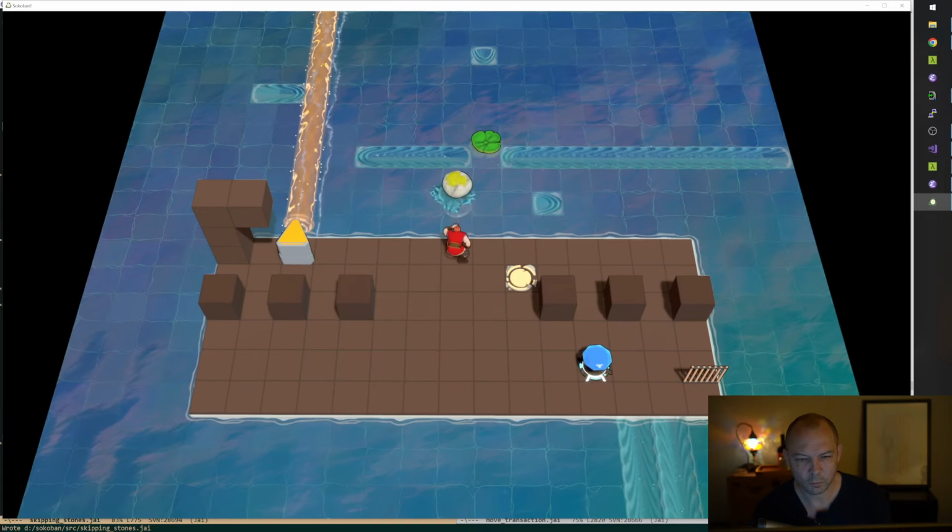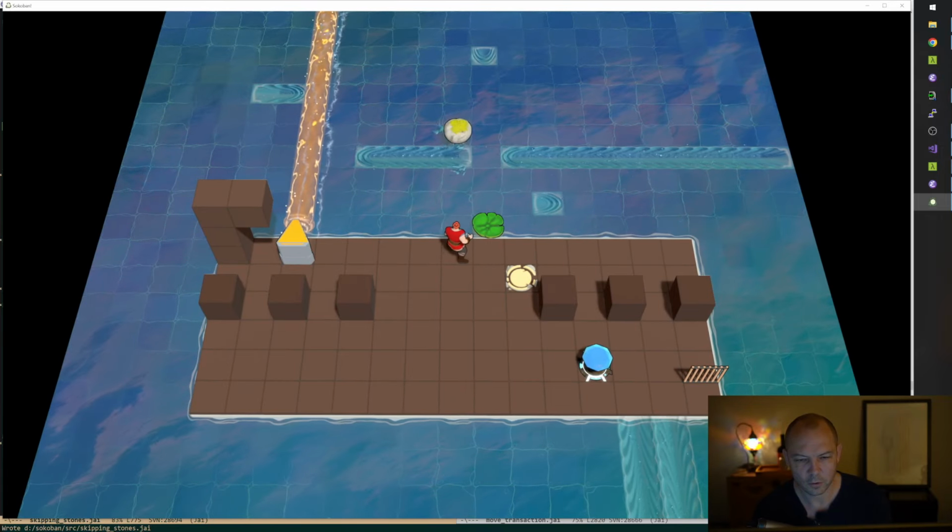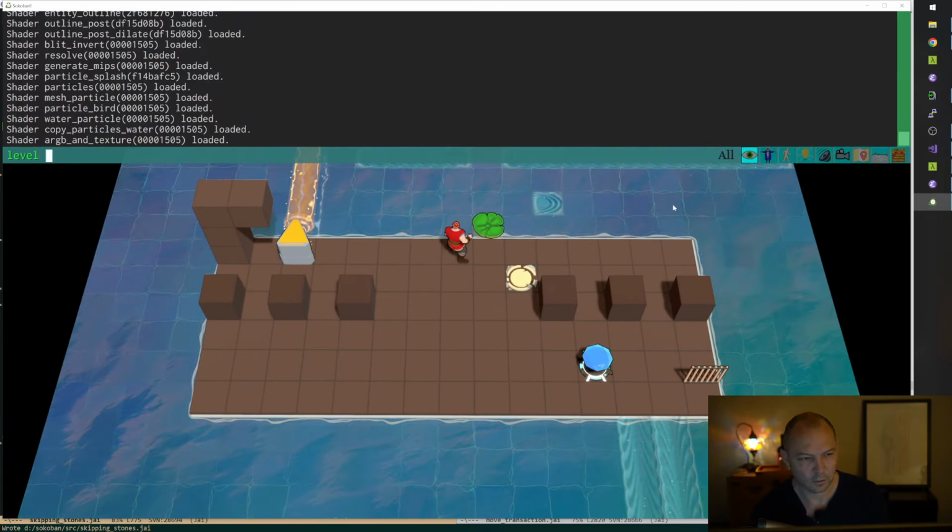So if I play a level, this will be slow because we're in a debug build. But I'm going to restart here. Can I play the game as it's expected?